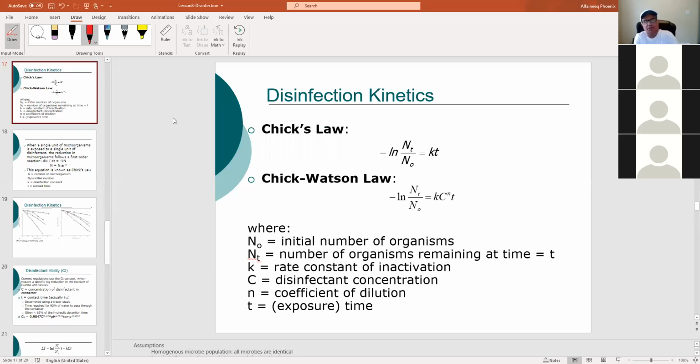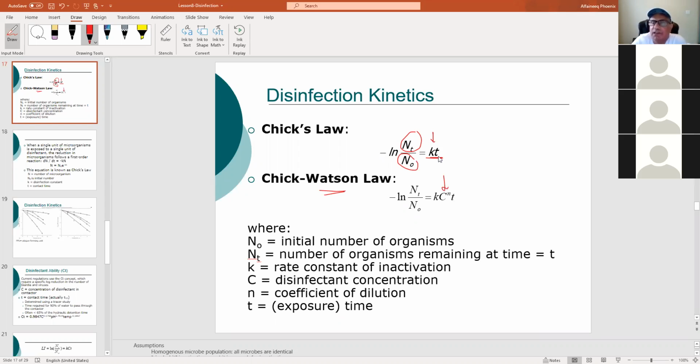Disinfection kinetics: Chick's law, Watson's law. Wilson or Watson? I thought it was Wilson, Watson. Okay, Watson's law. The number of microorganisms after, the number of microorganisms initial, and the change is through time with this coefficient K. Now, after that, Watson introduced the concentration of that disinfectant.